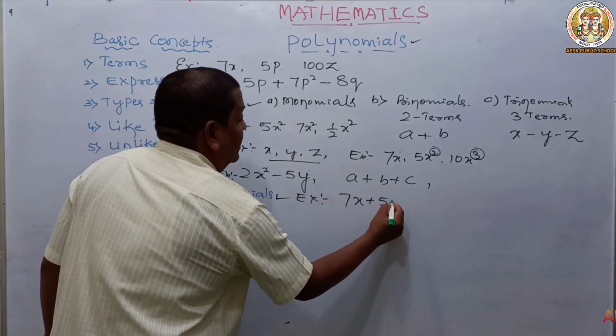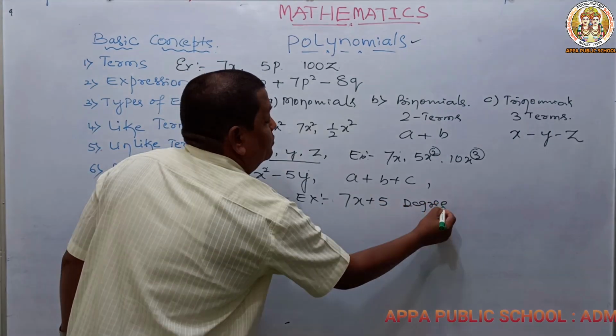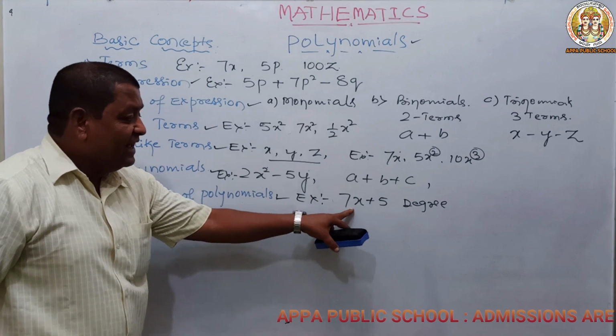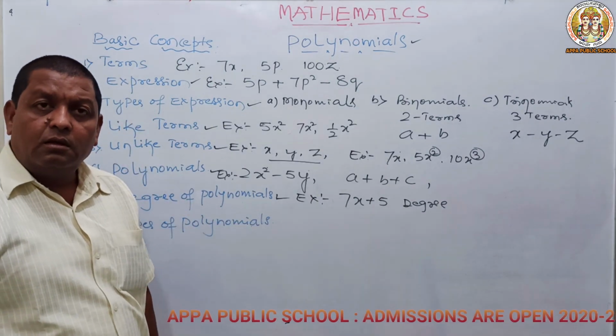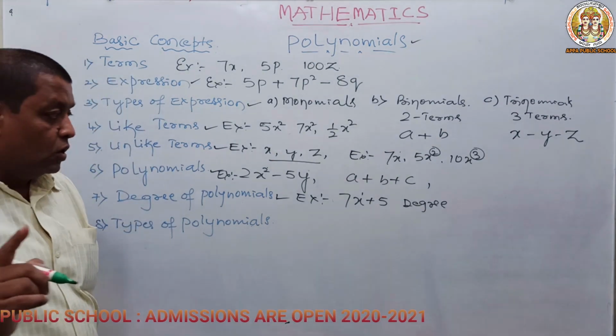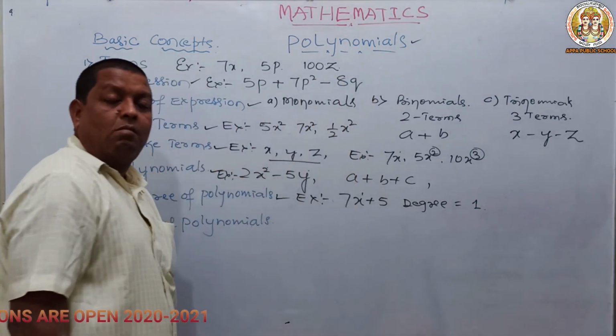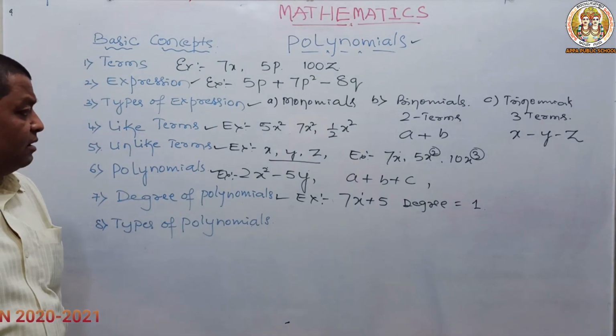Okay, examples. 7x plus 5. What is the degree here? What is the degree of this polynomial? Here you see 1. So degree is equal to 1. Okay.